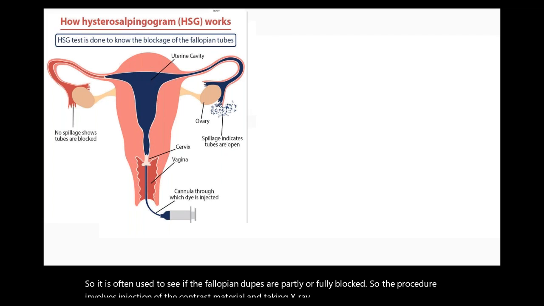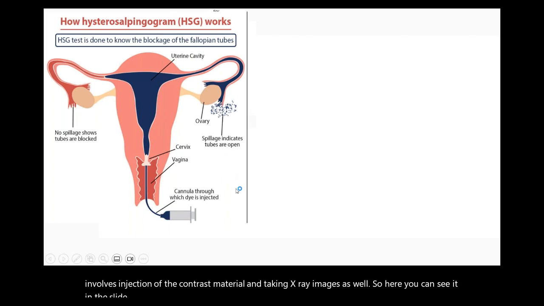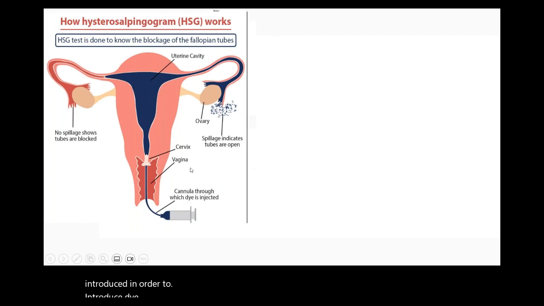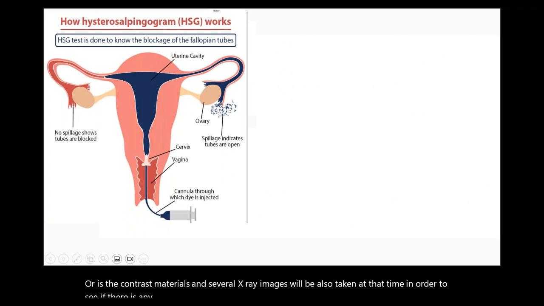Here you can see in the slide how it is performed. A catheter is introduced to deliver the dye or contrast material, and several X-ray images are taken at that time to see if there is any blockage in the fallopian tubes or not.